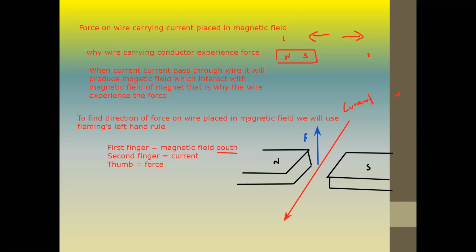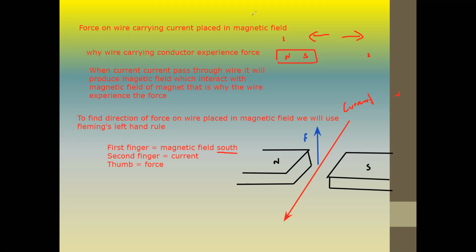Is it clear? So first finger is pointing towards south. The second finger is pointing towards the direction of the current, and the thumb is pointing towards the force.